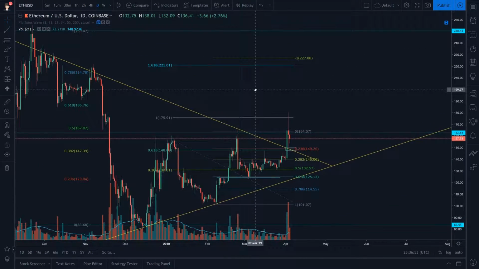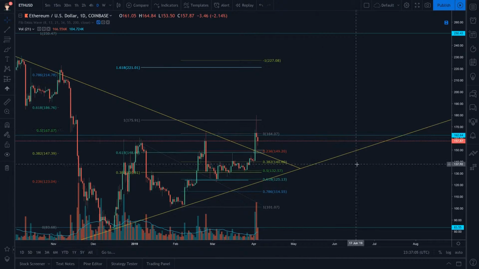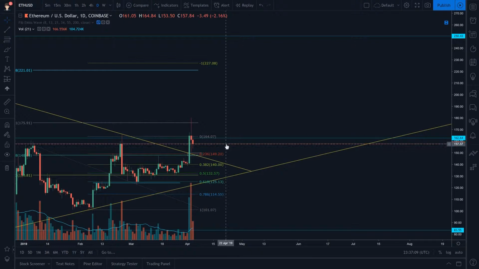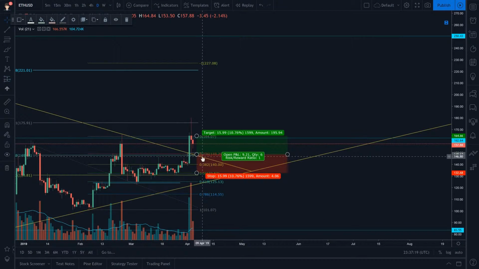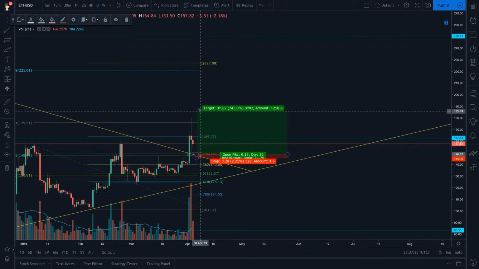And if we look higher, look what we see. We have a 1.618 and a 1 extension confluence zone, right around the 220 range. So, who knows how long it takes for that to play out, but for a long-term trade setup, if I'm looking to buy here, maybe I'm setting a stop loss depending on where you're targeting.